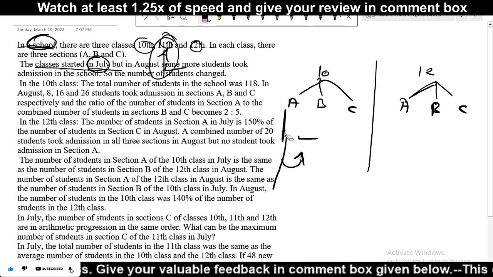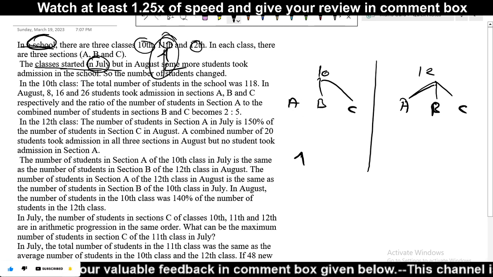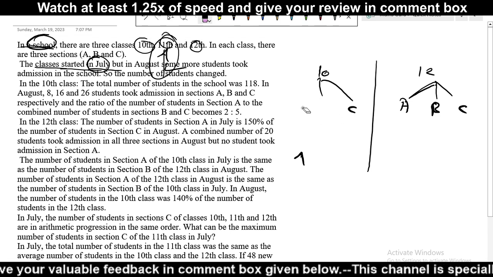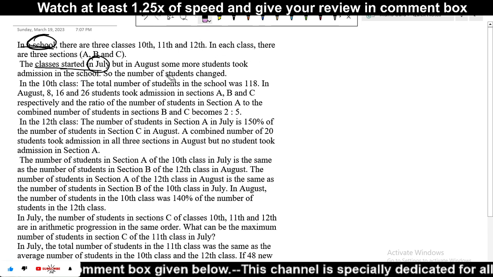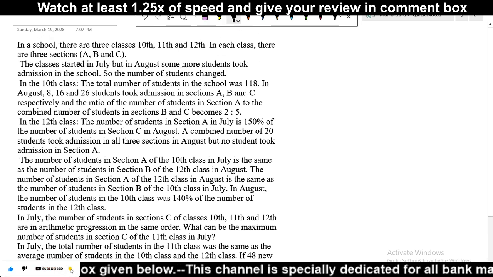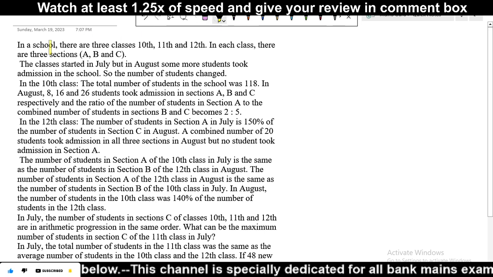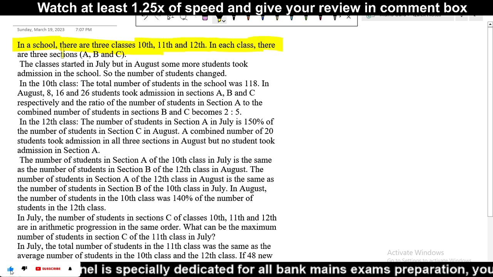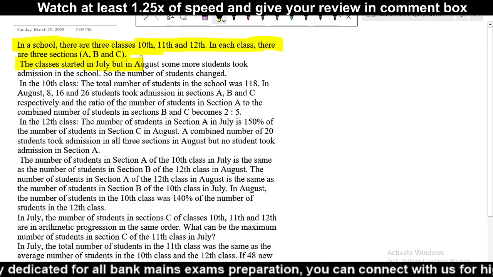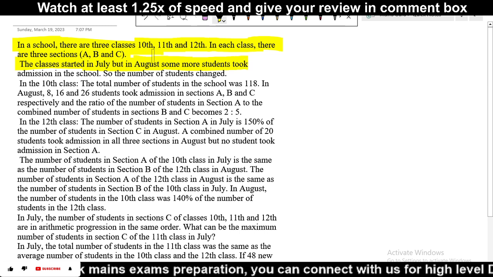Let me clean this first, and then we will read the basic instruction. In a school there are three classes: 10th, 11th and 12th. In each class there are three sections, A, B and C. The classes started in July, but in August some more students took admission in the school, so the number of students changed.